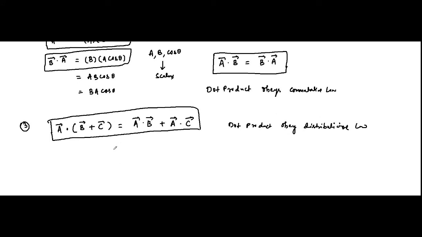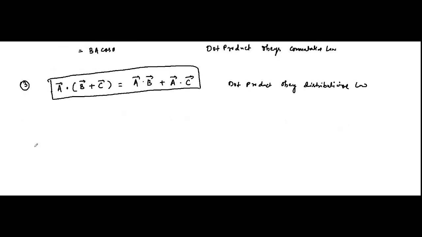So another important property which we'll discuss here is, suppose we take a vector, let's say a vector, and we try to find out the dot product of this vector with itself. Now both vectors are a vector, they are of same magnitude and they are in the same direction, that is theta is equal to 0 degree.